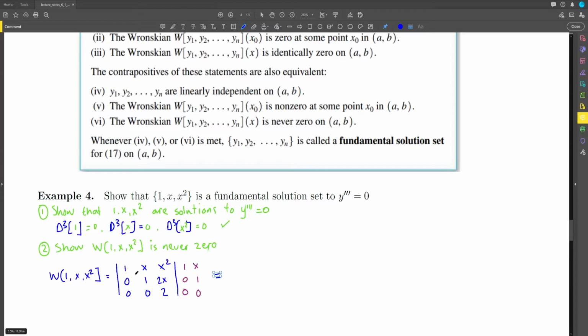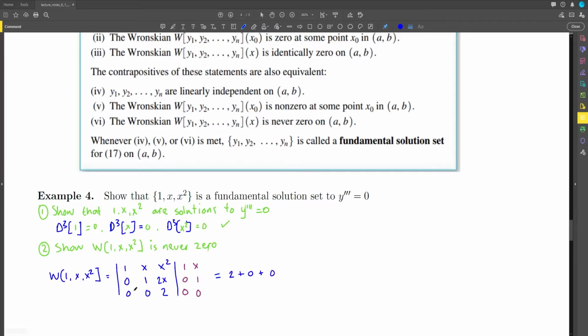So I have 1 times 1 times 2, that gives me 2, plus x times 2x times 0, that gives me 0, plus the third diagonal, x squared times 0 times 0, that gives me 0.